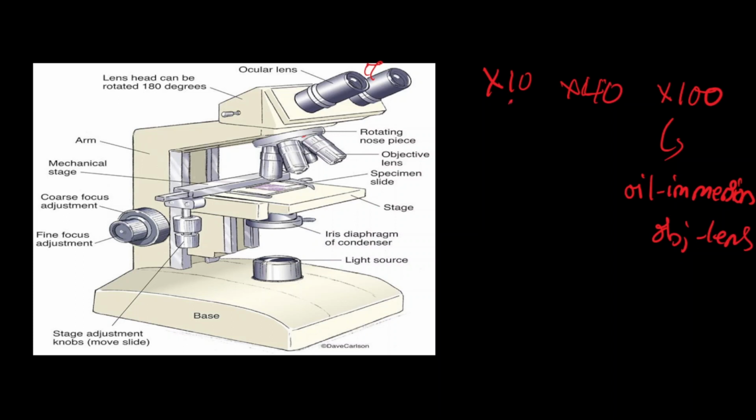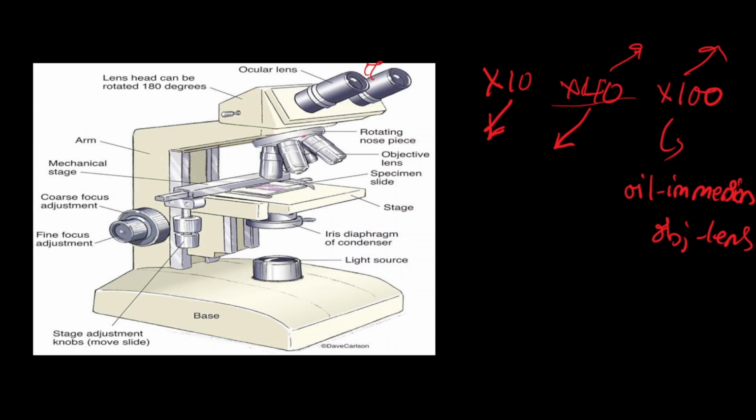The times 10 objective lens is referred to as the low power objective, times 40 is referred to as the medium power objective, and times 100 is a high power objective. The nose piece helps us to select any one of these objective lenses.